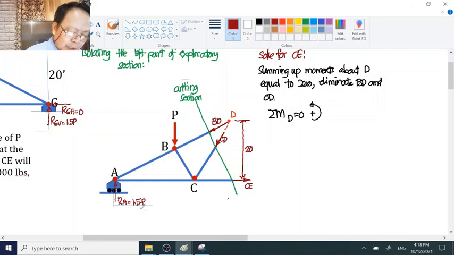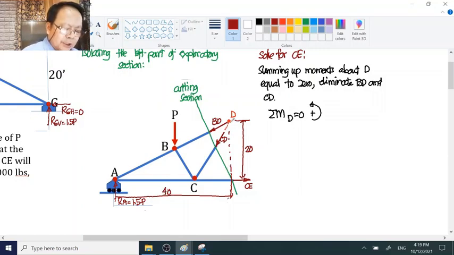Kaya itong distance 40 pala, given siya as 40. Kaya itong distance nito from D to that value of P will be equal to 20.